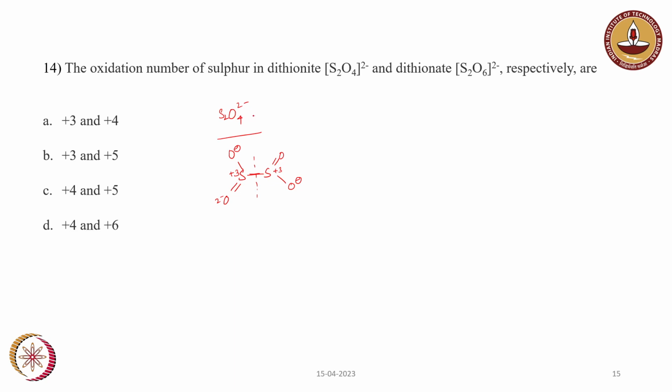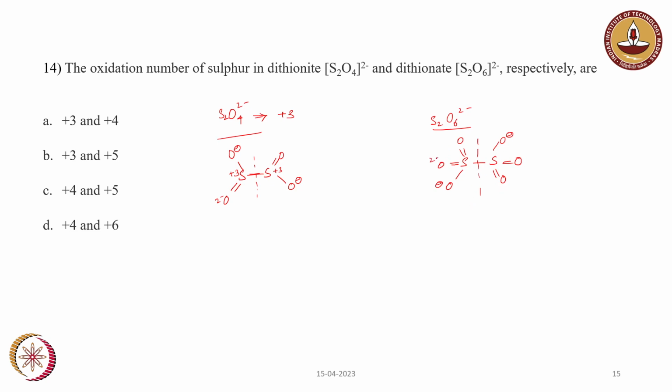So in S2O4 2 minus the oxidation state is +3 and in S2O6 2 minus the structure is S-S, O minus, double bond O, and double bond O, O minus. Similar to this, again here we don't need to consider the S-S bonding and both sulfur have the same environment, both are connected to 3 oxygen.